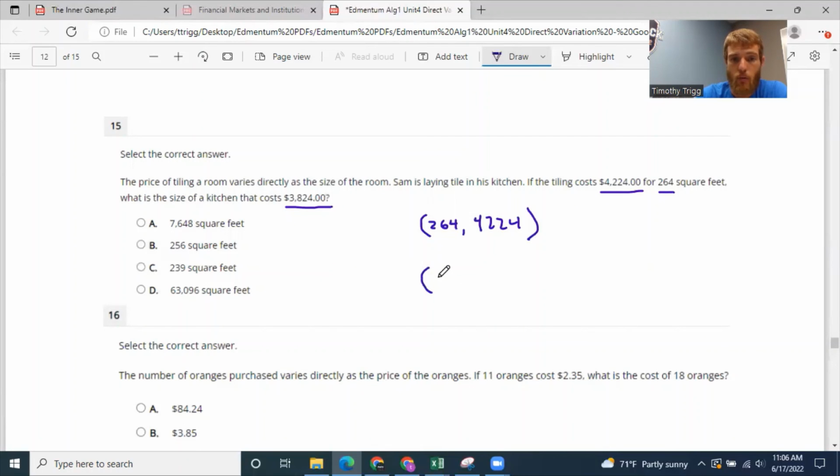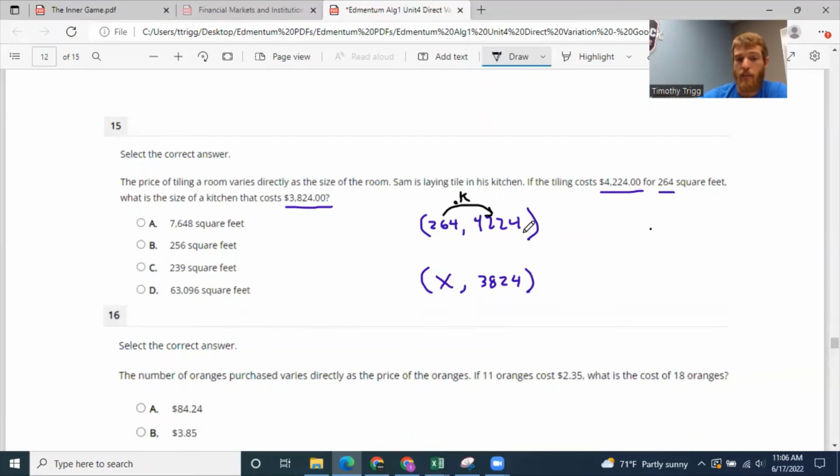Okay, so here we don't know the size of the kitchen, but we do know the cost, right? Now I could have said it the other way, and that perhaps would be simpler, but it doesn't really matter too much. Because here I can find the multiplier, right? So what do I multiply by to get this?